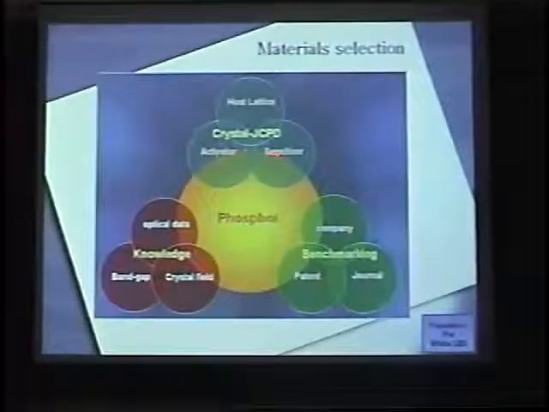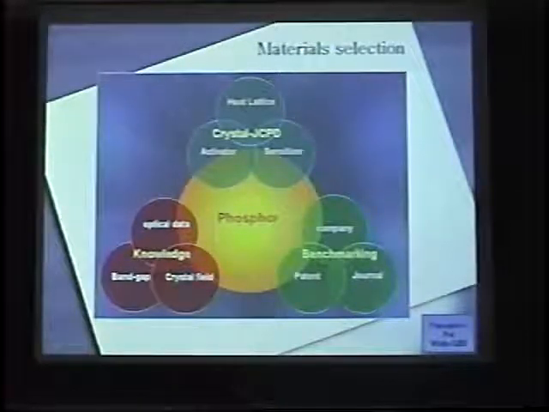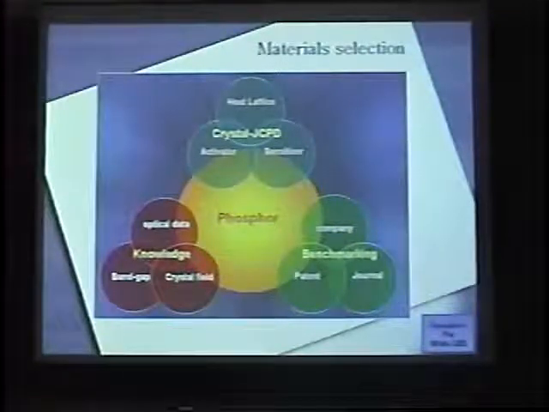Another one is crystals. We have a JCPDS card, for instance, I'll show you later. We have a lot of sulfide materials and oxide materials, and they have their own crystal structures. Then maybe you can put the activator ions on that host lattice, and it will work, and we will have a good color. That kind of stuff is another approach.